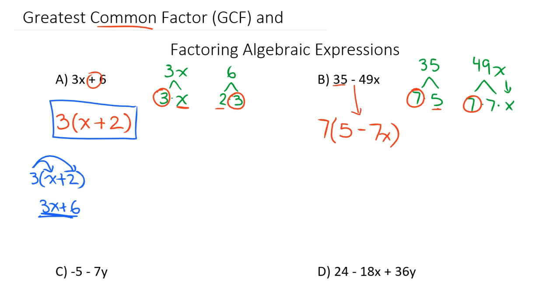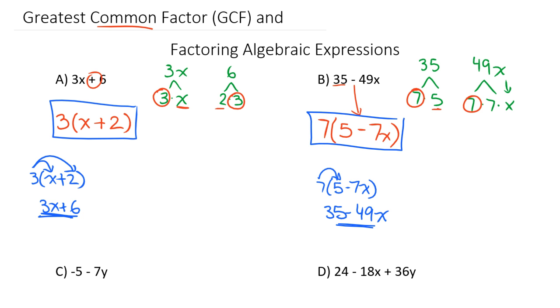And then we take the sign straight down. Again, to check, 7 times 5 minus 7x gives 35 minus 49x. We get the same thing that we started with, so we're finished with that.